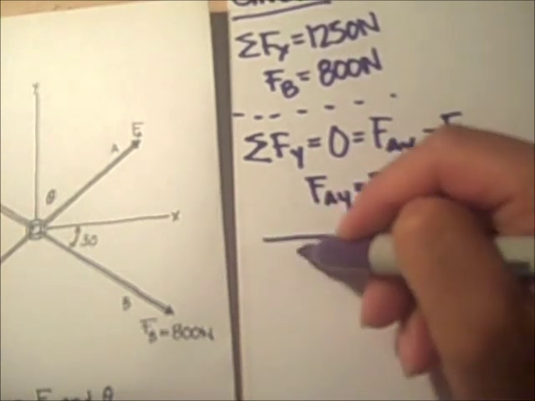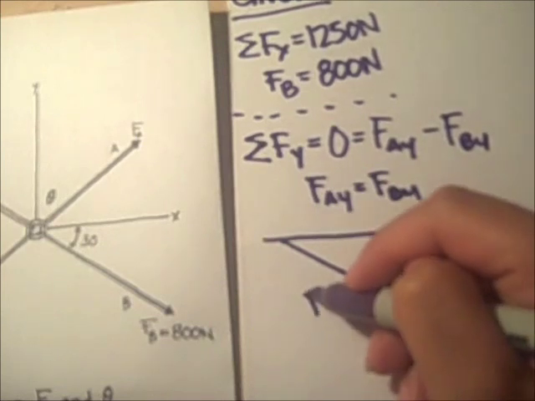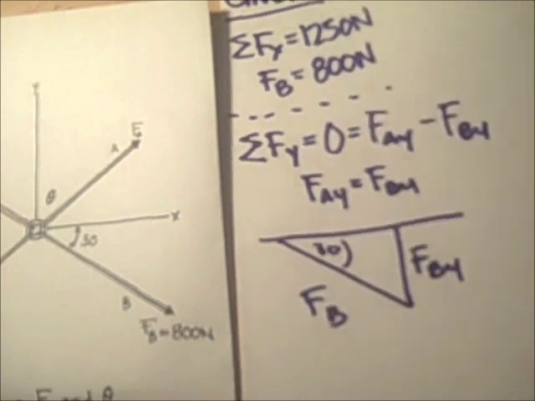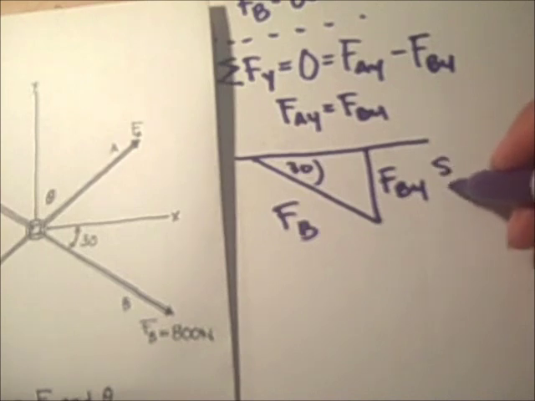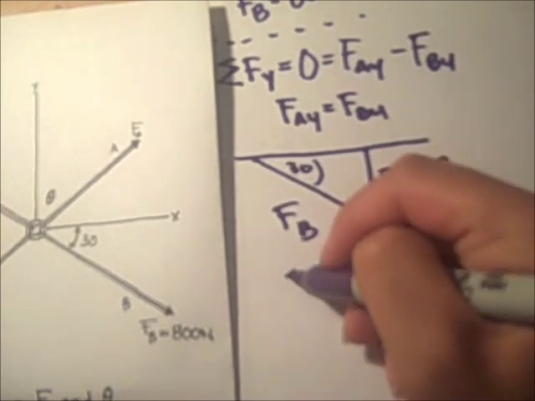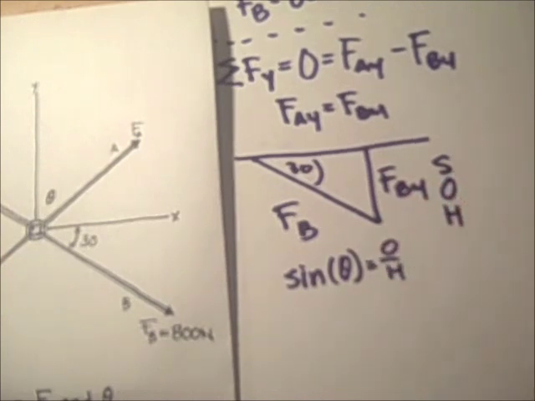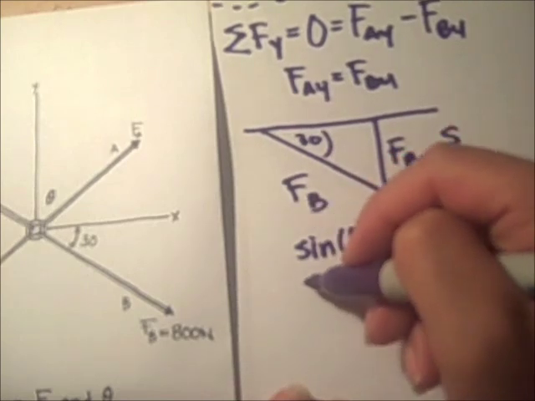So here is our triangle. Here's our FBy, here's our FB, and here's our 30 degrees right here. To find that, we're going to be using trigonometry, SOHCAHTOA. Sine of theta equals opposite over hypotenuse, and we're trying to find the opposite, which is FBy.